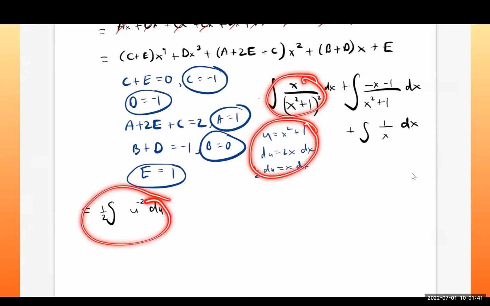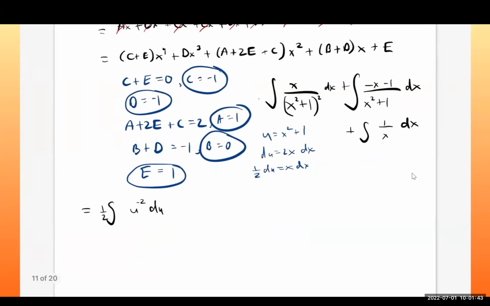So this, through the substitutions, becomes this. All right, which means that that would become negative 1/2 1 over u, which is 1 over u, which is x squared plus 1. So that will be our first antiderivative, this here.